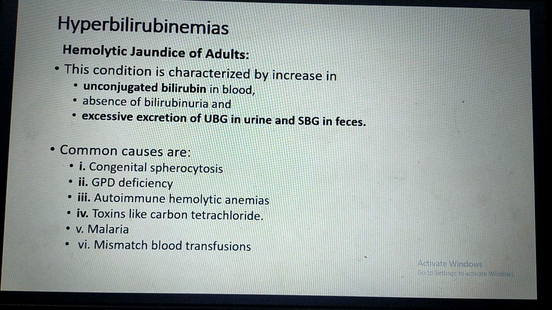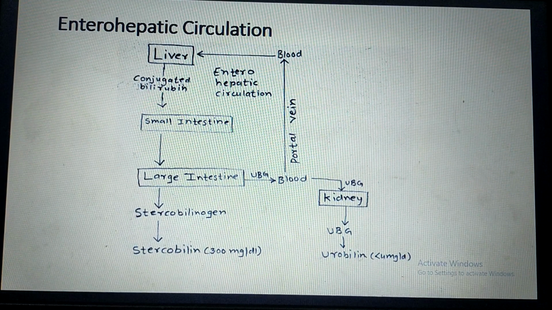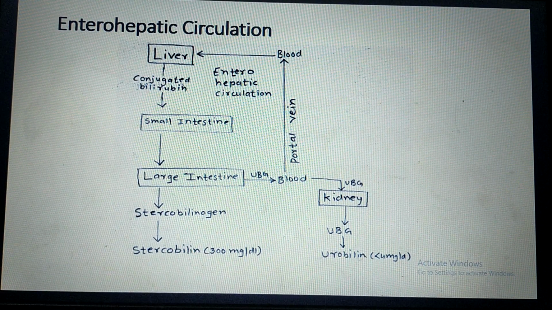Why? Because unconjugated bilirubin level is increased in the blood. Unconjugated bilirubin is insoluble in water, therefore it is not excreted through the urine, and hence bilirubin is absent in the urine. But there is excessive excretion of urobilinogen in urine and stercobilinogen in feces. Why is this so? Because it is an adult liver.